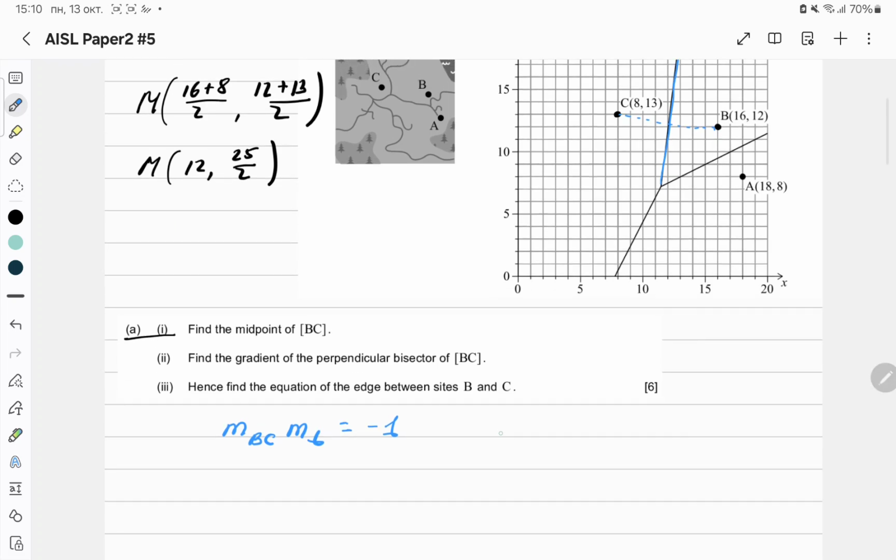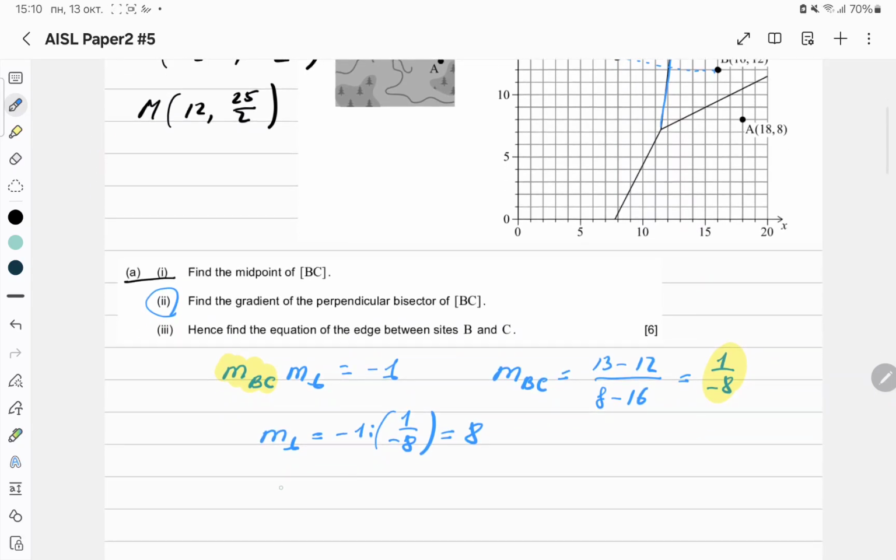Slope of BC is equal to 13 minus 12 over 8 minus 16, so it's 1 over -8. Now we plug this value in and find the perpendicular slope: -1 divided by 1 over -8, which is 8. Okay, so that was part A2. The answer is 8.